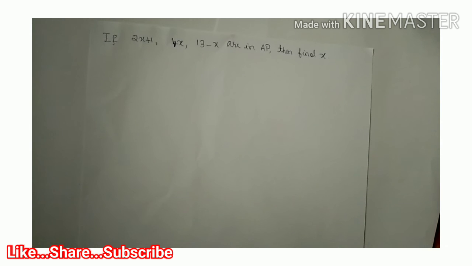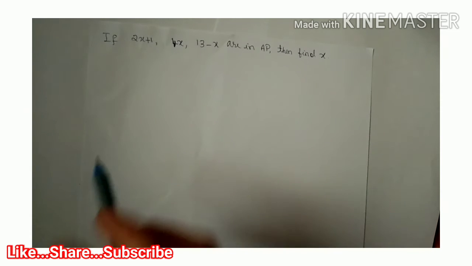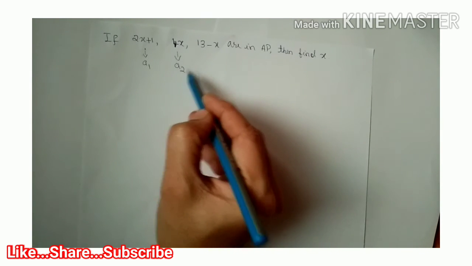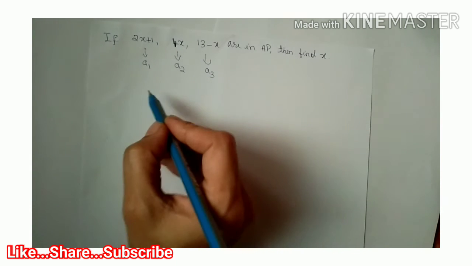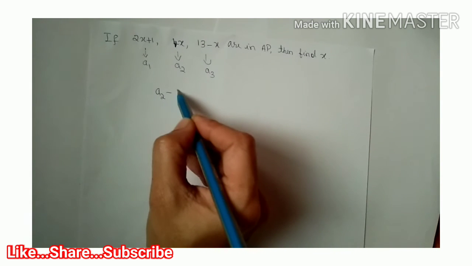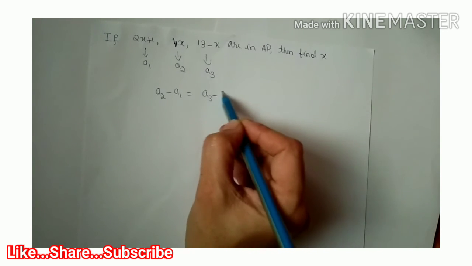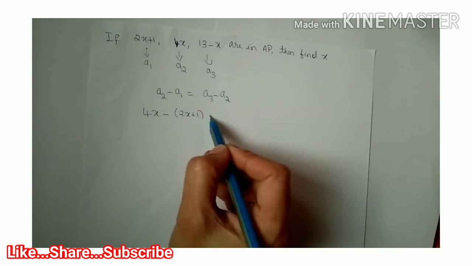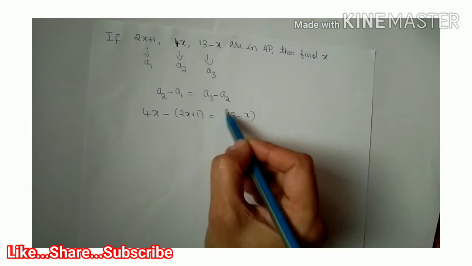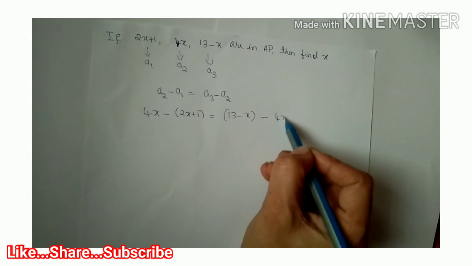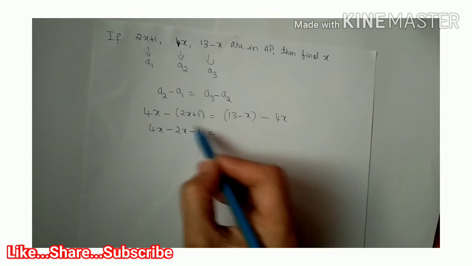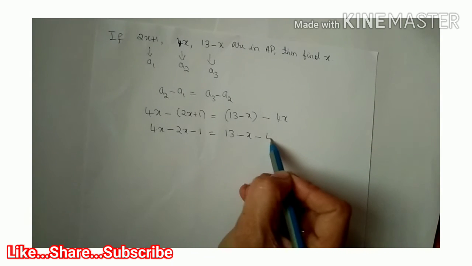Example, if 2x plus 1, 4x, 13 minus x are in AP, find x. Here 2x plus 1 is a1, 4x is a2, 13 minus x is a3. Here the common difference, a2 minus a1, is equal to a3 minus a2. a2 minus a1 is 4x minus (2x plus 1), and a3 minus a2 is 13 minus x minus 4x. That is, 4x minus 2x minus 1 equals 13 minus 5x.